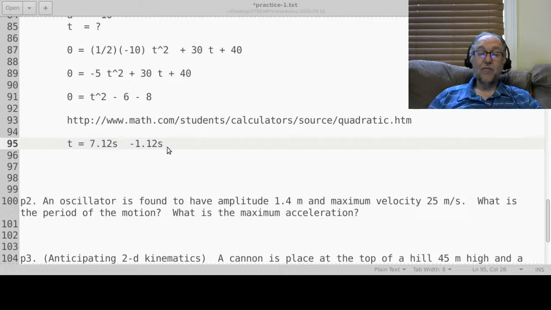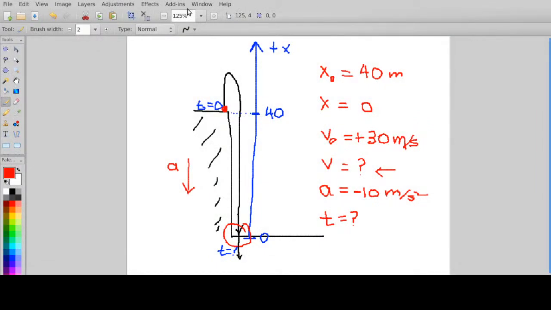Okay, the negative one, you go, well, what does that mean? Well, remember what I said a minute ago, that the parabola extends infinitely far in both directions. Let me switch back to the whiteboard here. So where are you at t equals 0? Well, you're at that red dot right here. This is where you are. And the black path here, that is time going forward. Let me use, I don't know, green here.